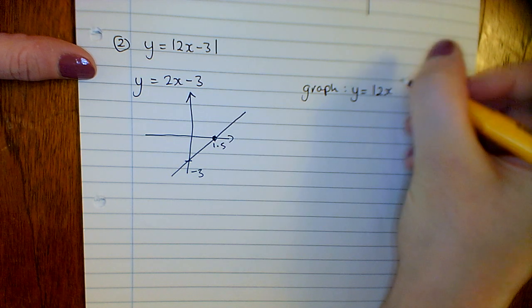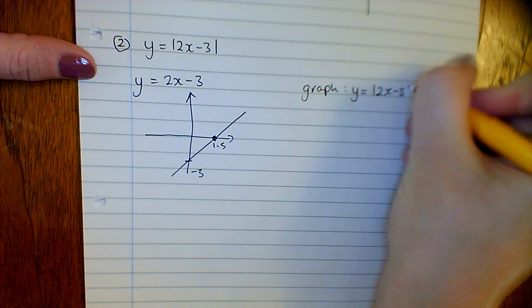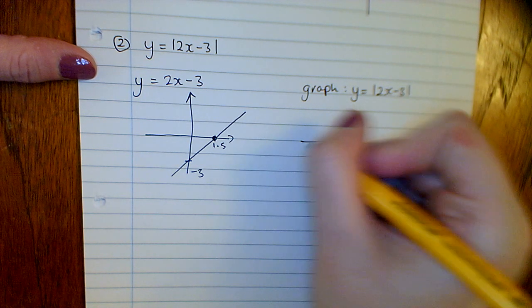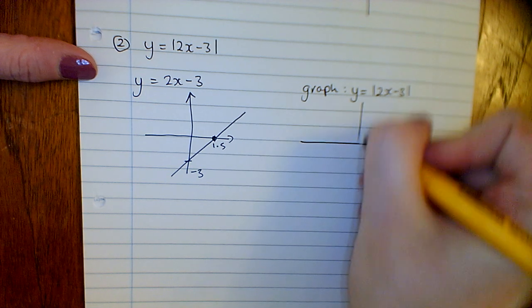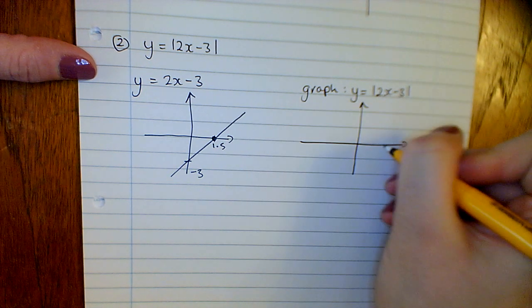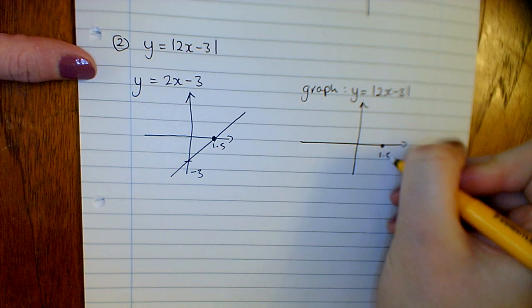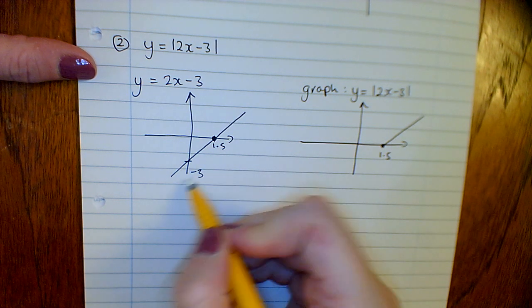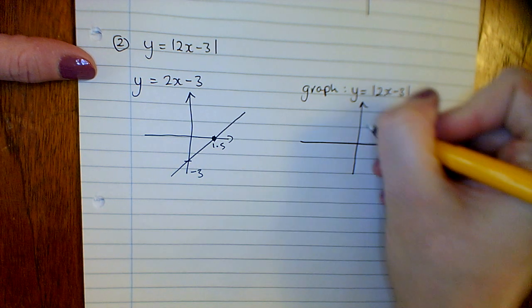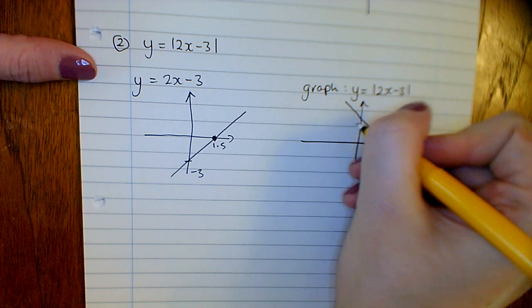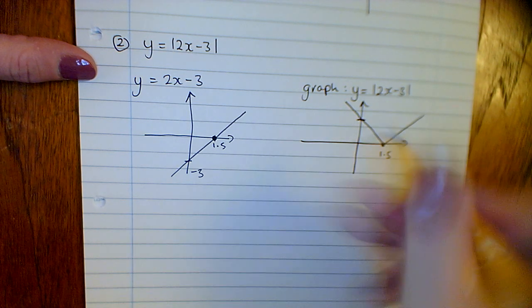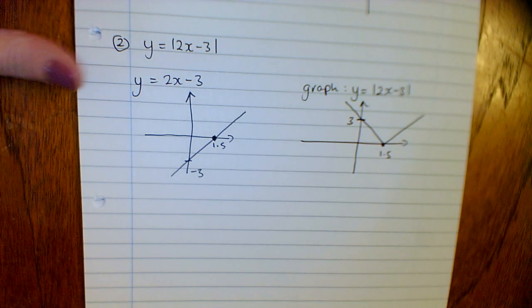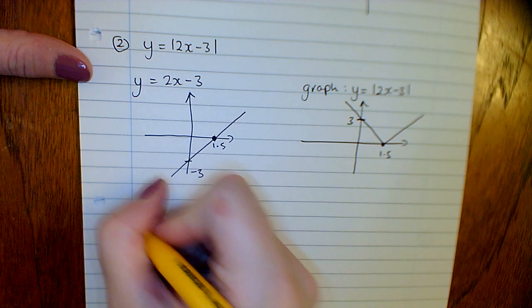Whenever we draw the graph of the modulus of 2x minus 3, we mark on our 1.5, and then this part of the graph is reflected up like this, which makes, if this is minus 3 down here, this will be plus 3.